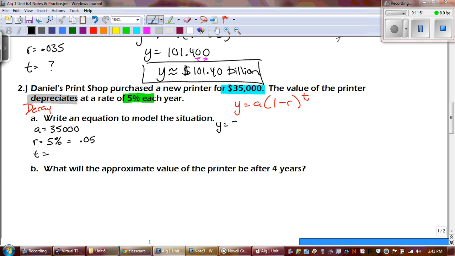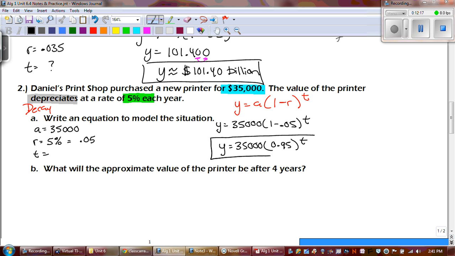Y equals 35,000, 1 minus 0.05 t. Okay, 1 minus 0.05. If you had $1 and you took away 5 cents, you would have 95 cents. And there's our equation.